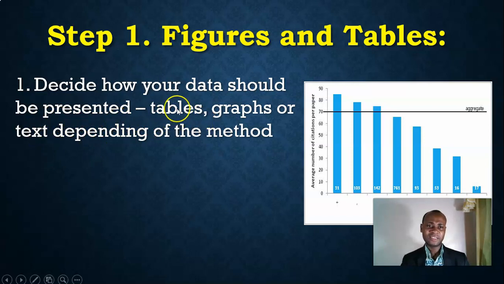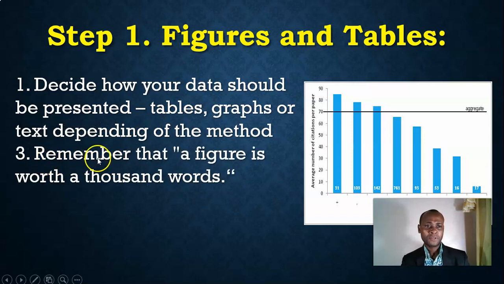But for most quantitative studies, you are going to use tables and graphs. But even this, it depends on what you are trying to accomplish. Okay. So remember that a figure is worth 1,000 words.